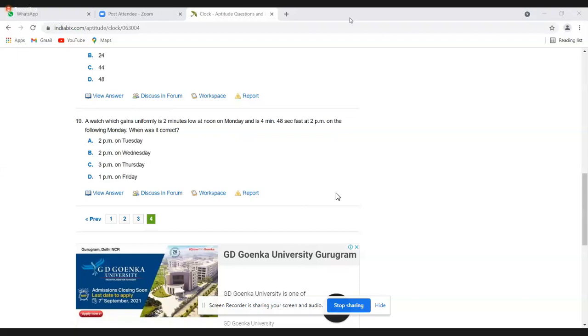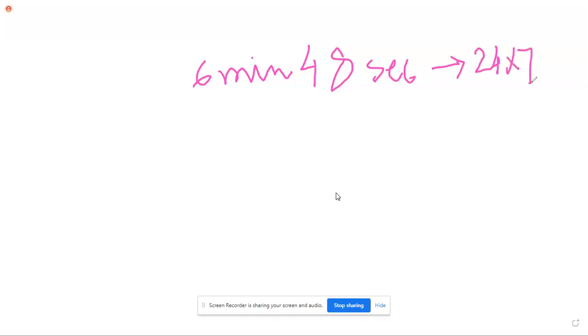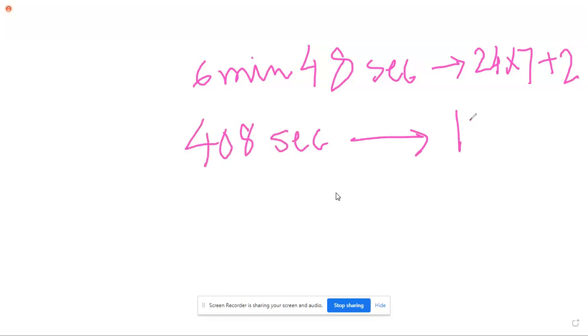It has covered this extra in how much time, students? 7 days and 2 hours, that is 24 times 7 plus 2, which is 170 hours. And 6 minutes 48 seconds is equivalent to 408 seconds. Now, 408 seconds gain happens in 170 hours.